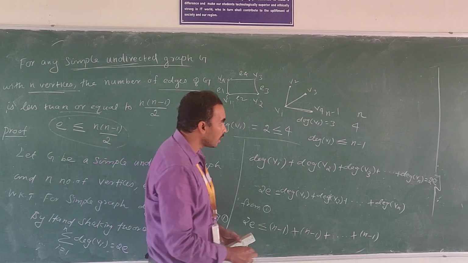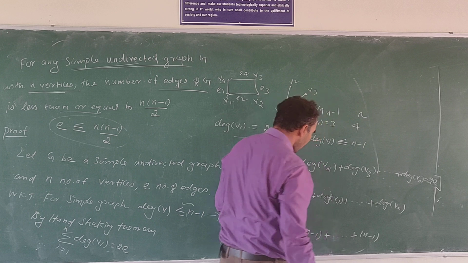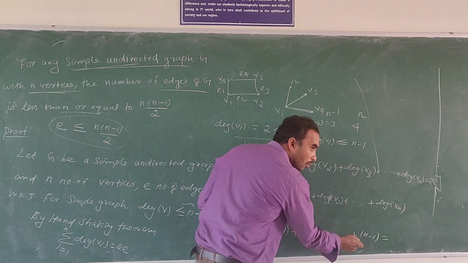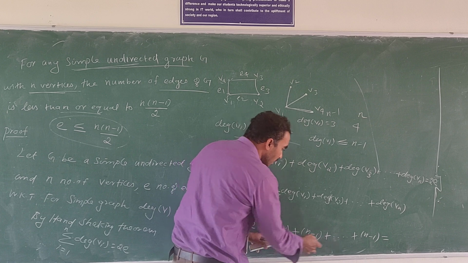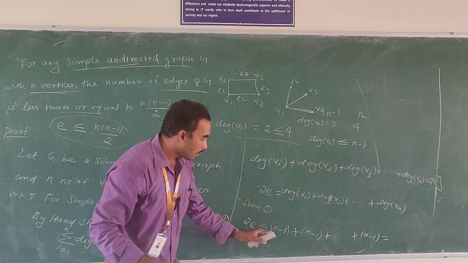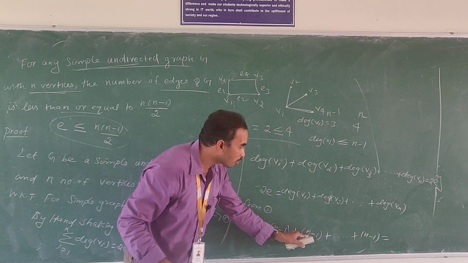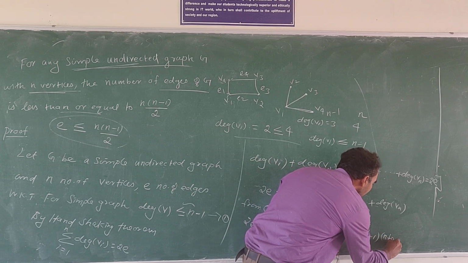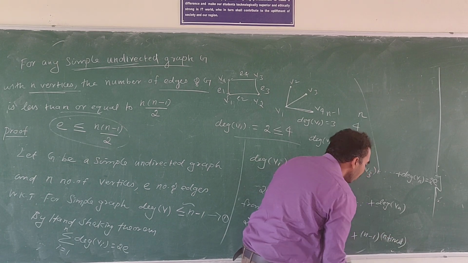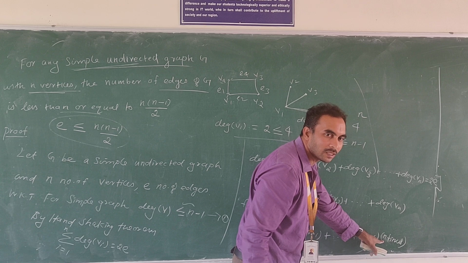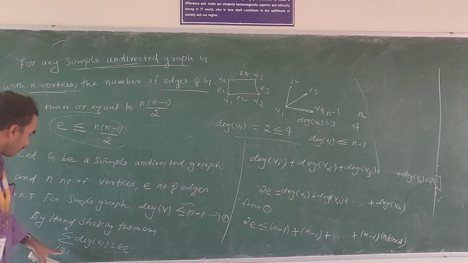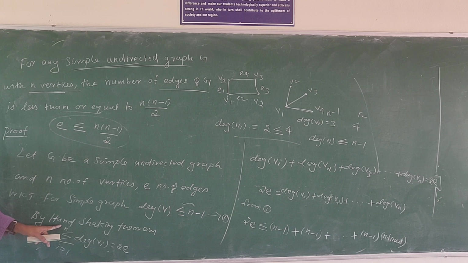Next, this is not less than or equal to, but the condition is n minus 1 plus n minus 1, and so on. How many times? n times. How can you take this as n times? Because we expand the term from 1 to n.